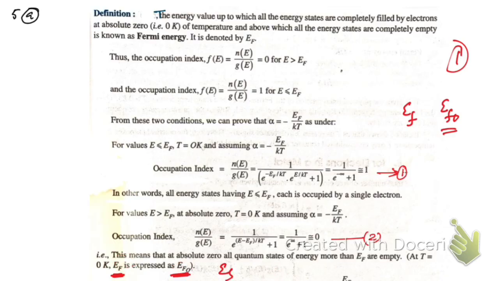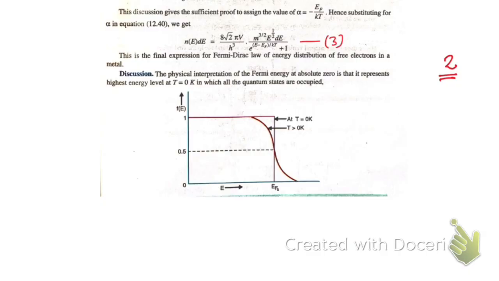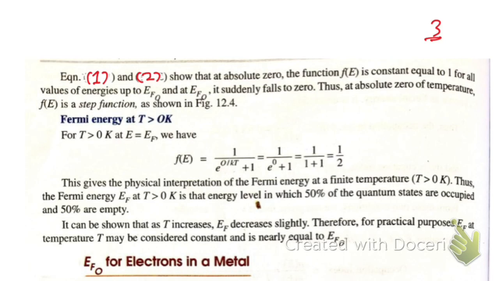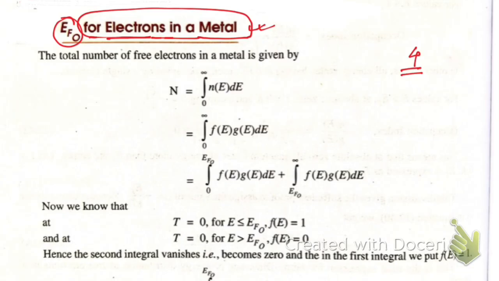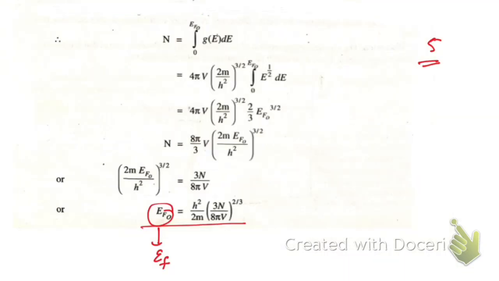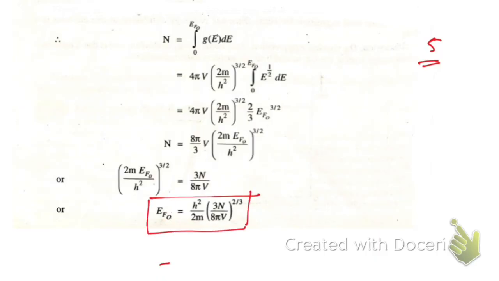So here is the first piece. This one is the first piece, and this is the second piece. Take the screenshot. And this is the third, fourth, and this is the final expression, right? This is the final expression, and it was asked to write in terms of n by v.